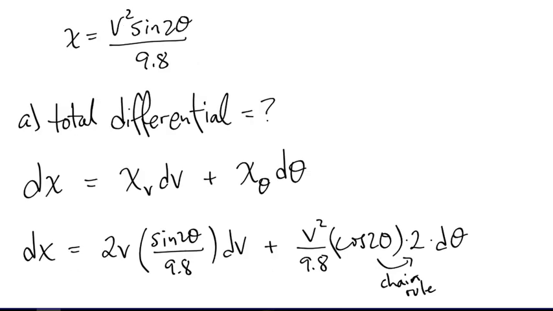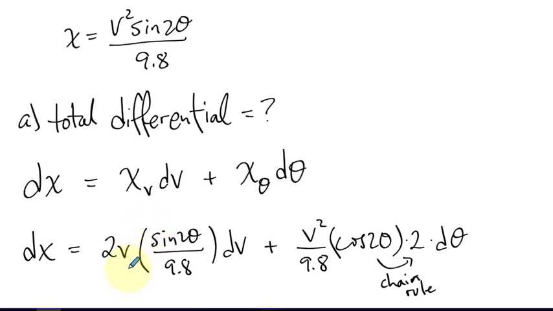So if I apply that in this particular function, the total differential in x would be the partial derivative of x with respect to v times the differential in v plus the partial derivative of x with respect to theta times that differential in theta. So when I do the partial derivatives, I'm holding any other variable as a constant.